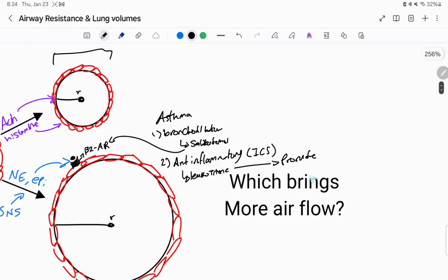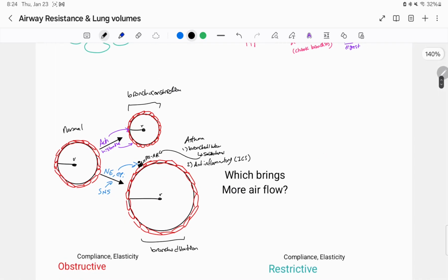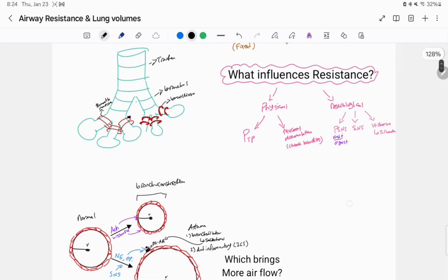So again, that's not what you want. And you give anti-inflammatory drugs like inhaled corticosteroids, for example. You can also give, again, these leukotriene inhibitors. Some of them could be things like prednisone. Prednisone, for example, inhibits this process. I'm not going to get into the pathophys of it too much, okay? But that's basically going to be everything for airway resistance.